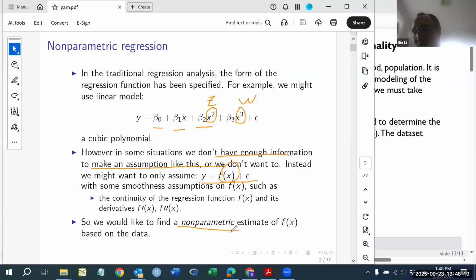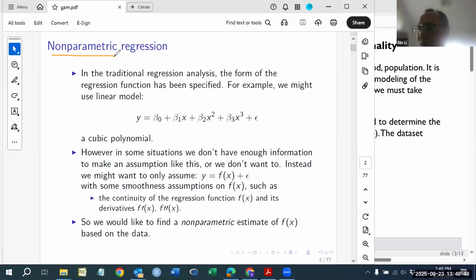In statistics, there are two places where we use this term non-parametric. The first place is when we do hypothesis tests. You may have heard that there is a group of tests called non-parametric tests, right? That means we are not doing an F test, t test, Z test, or chi-square test.